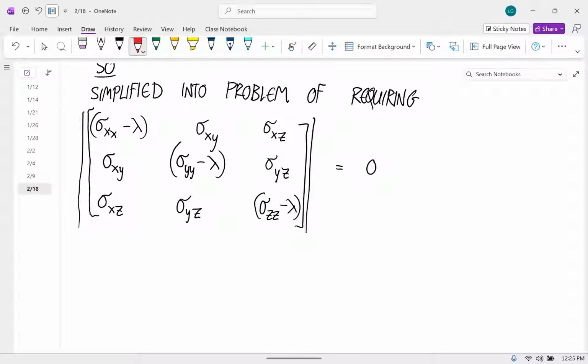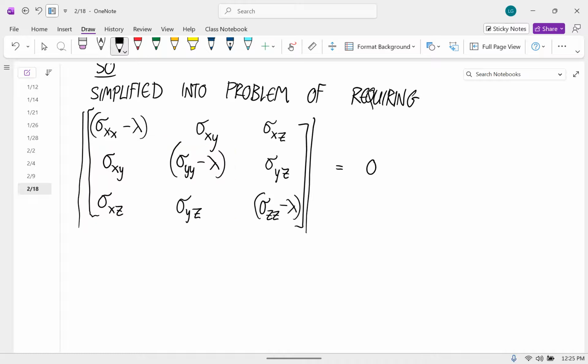We can think of it as this top left number times the determinant of this submatrix, minus sigma xy times the determinant of a submatrix, plus sigma xz times the determinant of this submatrix.